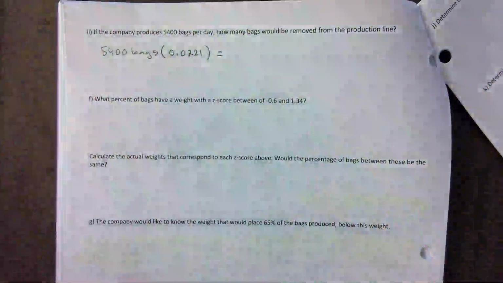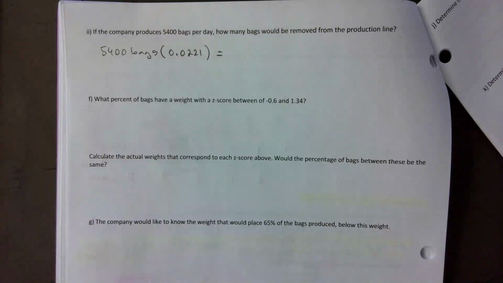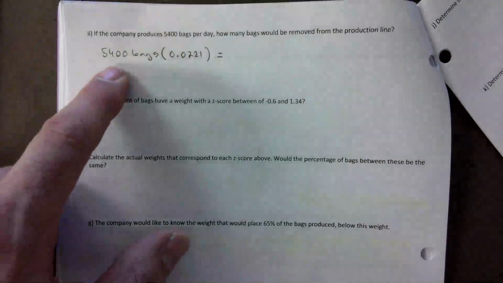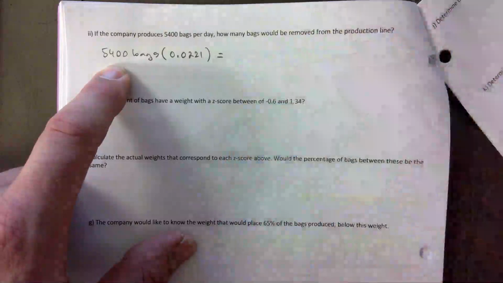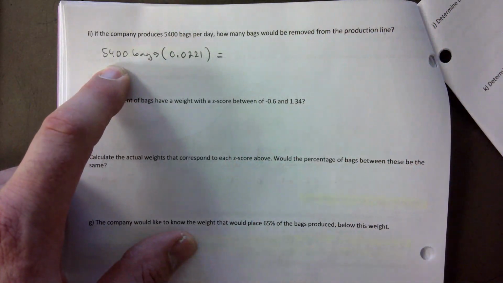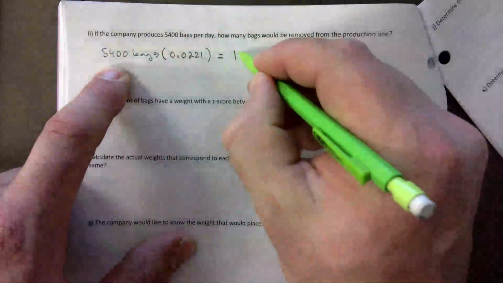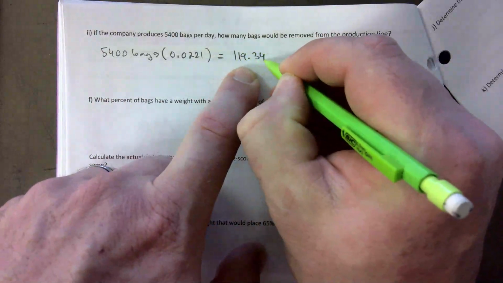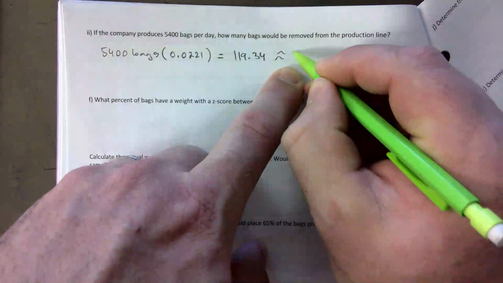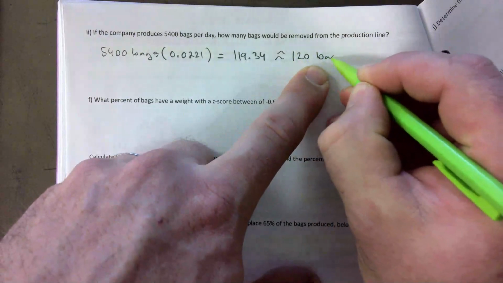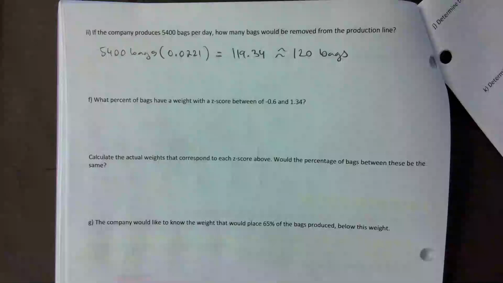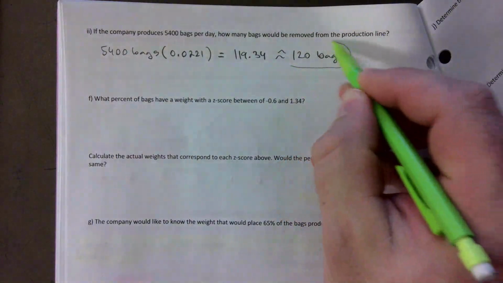That is from my previous page. I just figured out percentage-wise how much I'm going to remove. Now I know I can figure out number of bags. And that would give me 119.34, which is approximately 120 bags. Probably safer as a company to say we're going to remove 120 bags.